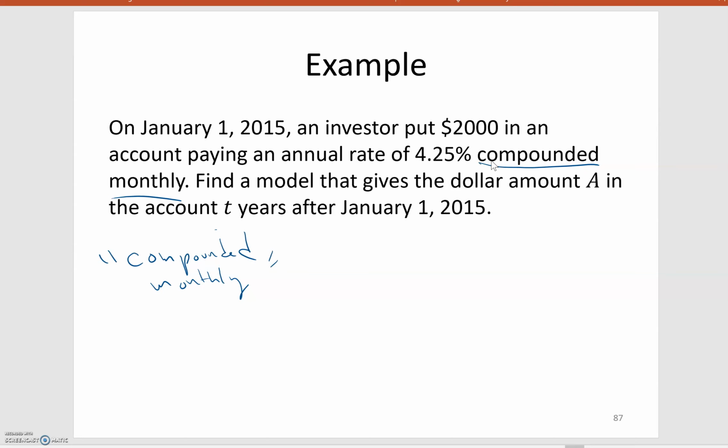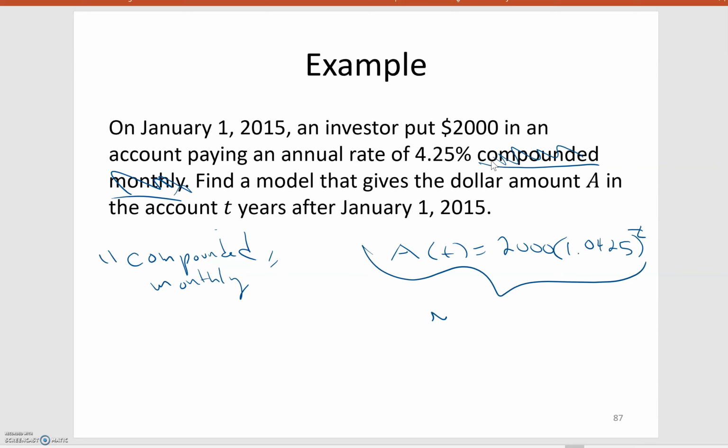If it didn't say compounded monthly, and I was to just take that out for a second, then my model would be A of T is $2,000, and then we have a rate of 4.25%, so that's 1.0425 to the T. But this is not compounded monthly. Okay. So unfortunately, that's not what we have. So let me get rid of that because we do have the compounded monthly.